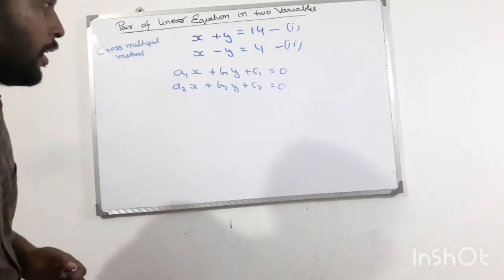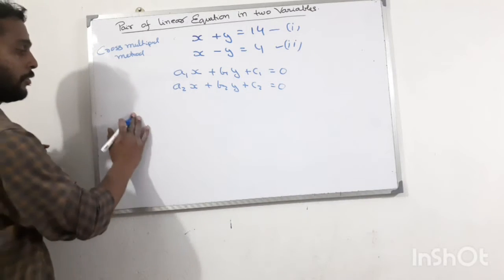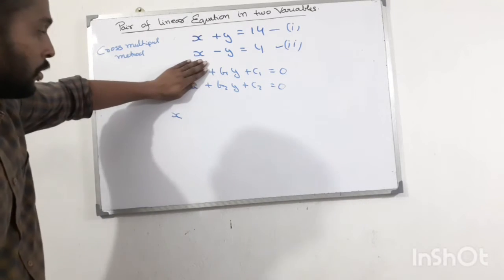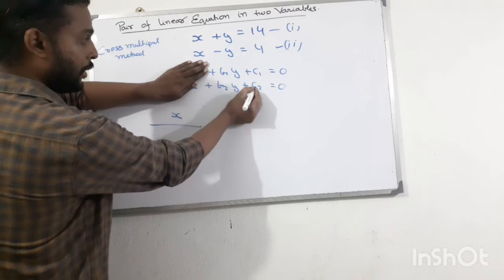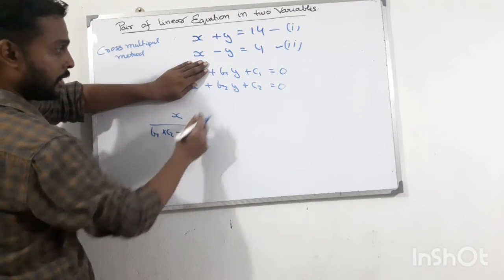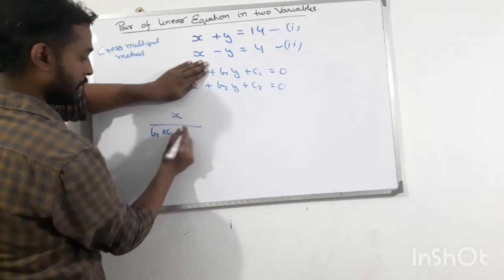So in the cross multiplication method we derive one formula. That formula is x. Then we hide this value. So now we get b1 into c2 minus b2 into c1.